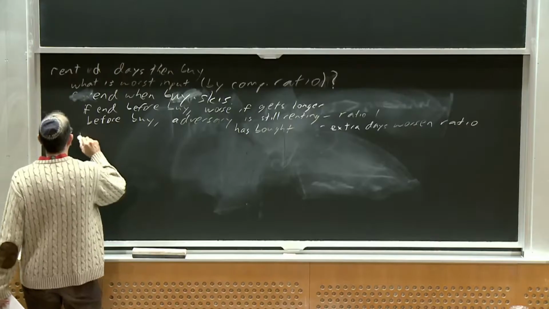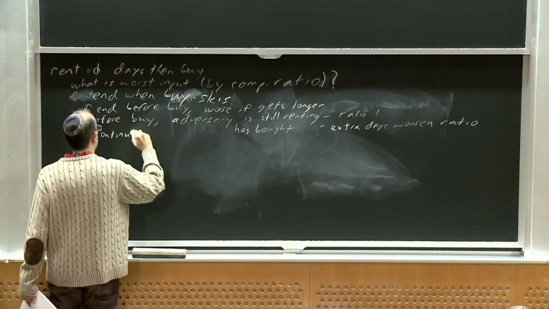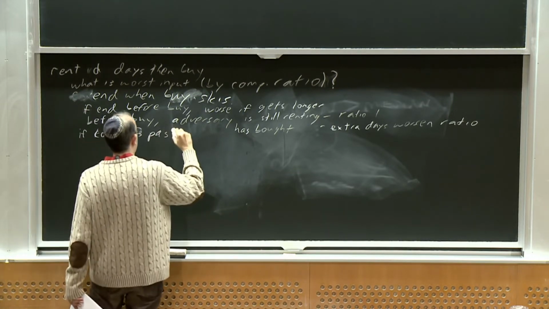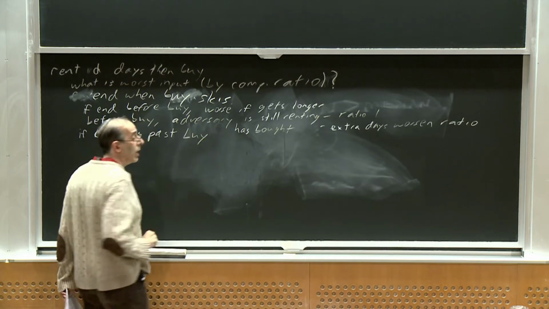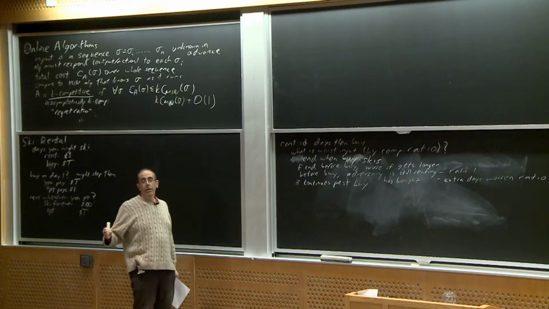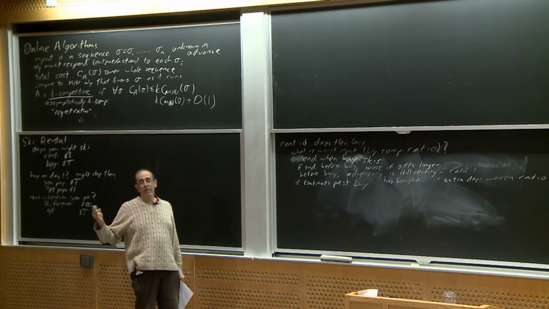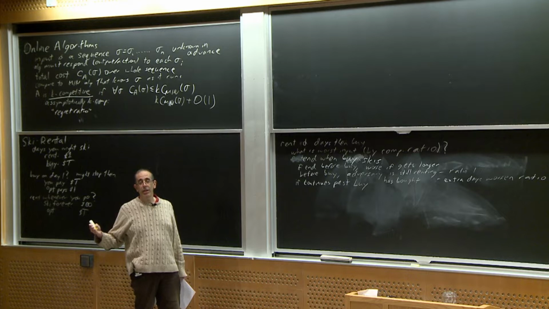On the other hand, if it keeps going past the time when I buy, then, well, if the adversary is still renting, the ratio is getting better, right? And if the adversary has also bought, then neither of us is paying anything, so nothing is changing.